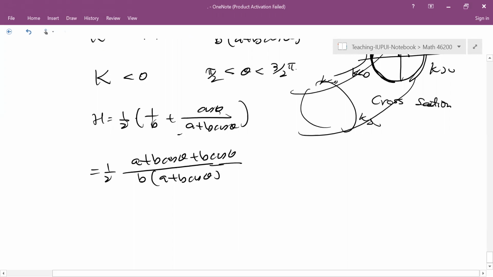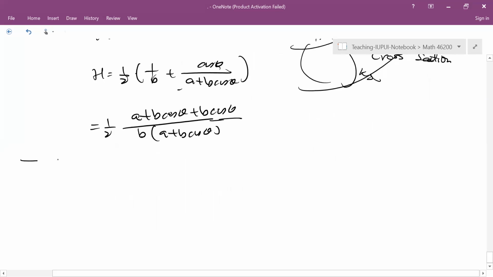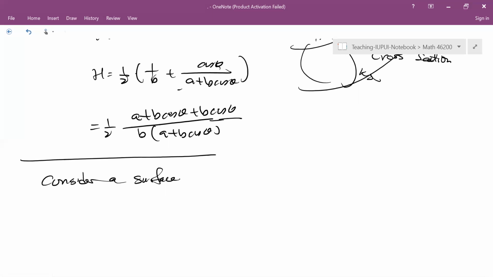Now let's take a look at some theory. We want to consider a surface S in R3 with the property that the principal curvatures are the same. So here we have a so-called umbilic surface.